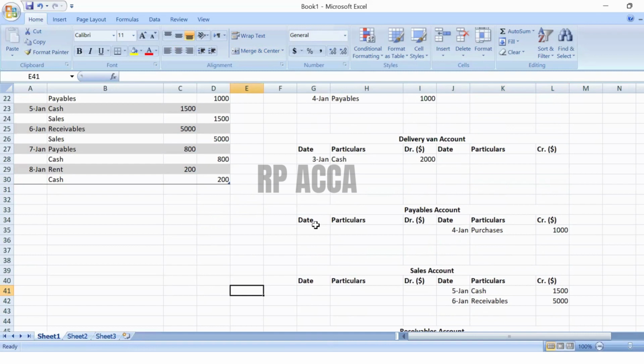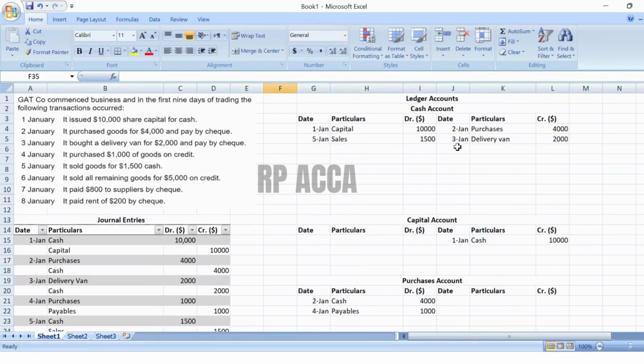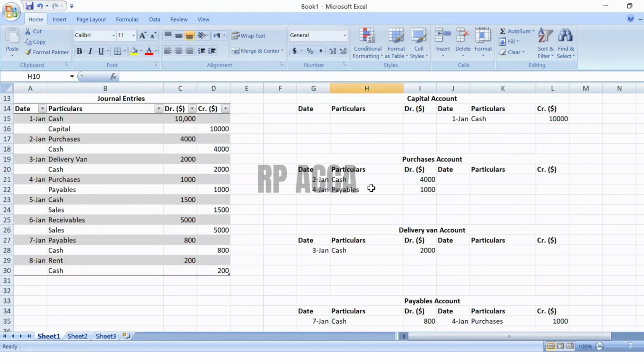Up next is a payment to supplier. So let's debit the payables account and credit cash. Lastly, we have rent paid. Let's open rent account and debit cash there with $200.